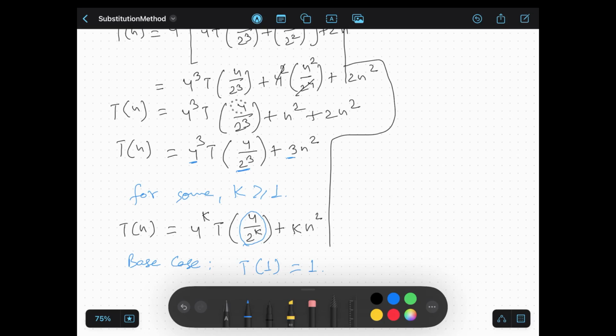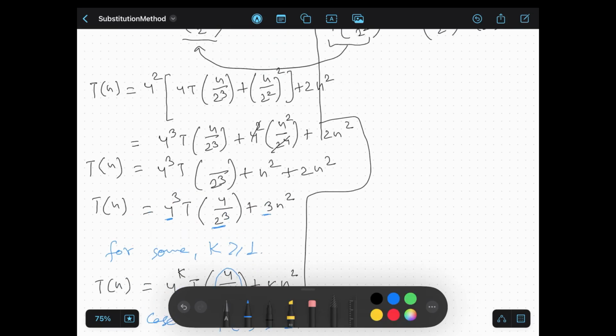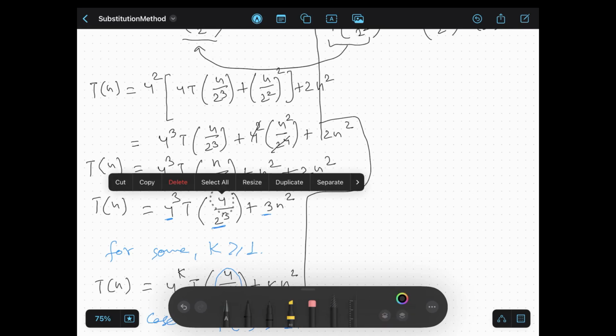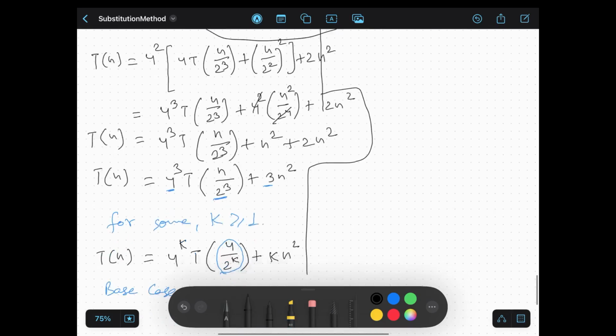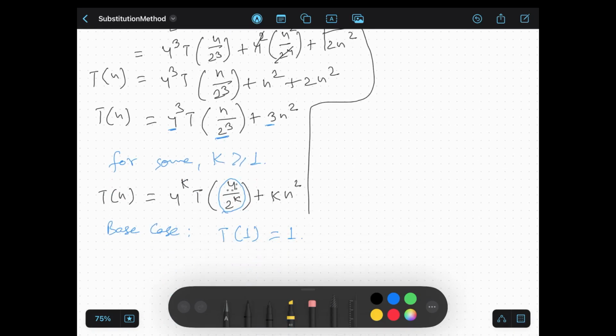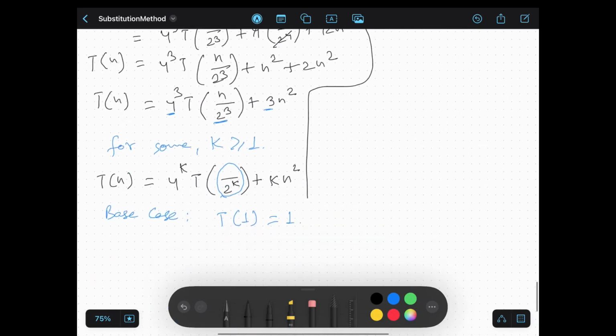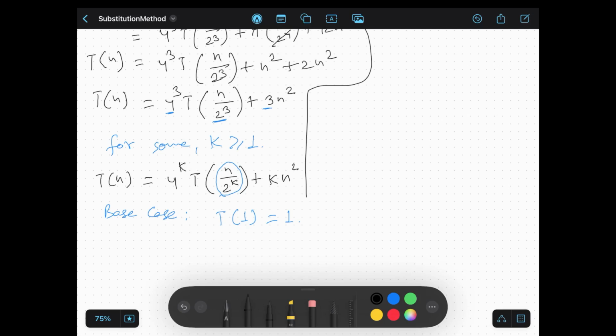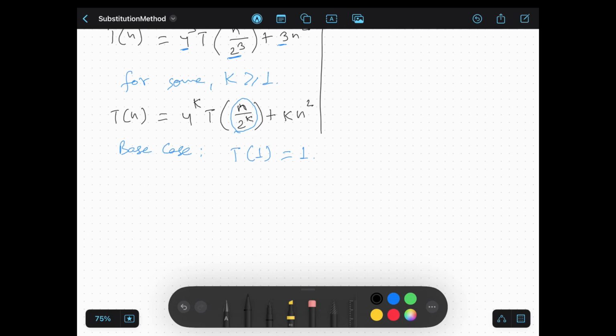I think I wrote 4 instead of n. So we will say n upon 2 to the power k is equal to 1, or k is equal to log base 2 n.